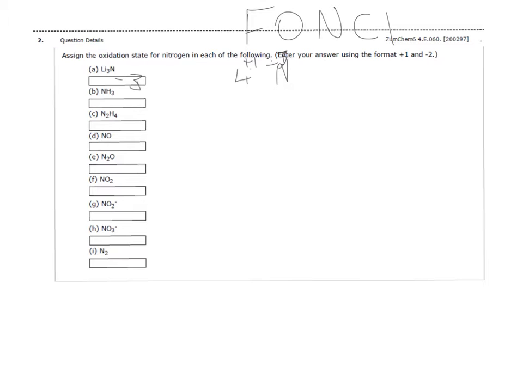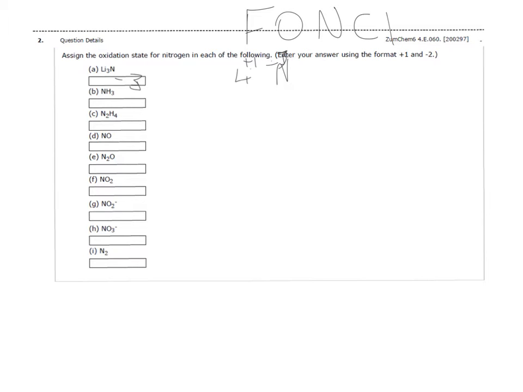Part B, we have nitrogen paired with hydrogen. Covalent compound because both of those elements are nonmetals. But which atom is more electronegative? Well, the only thing that's more electronegative than nitrogen would be oxygen or fluorine, and hydrogen's not one of those.